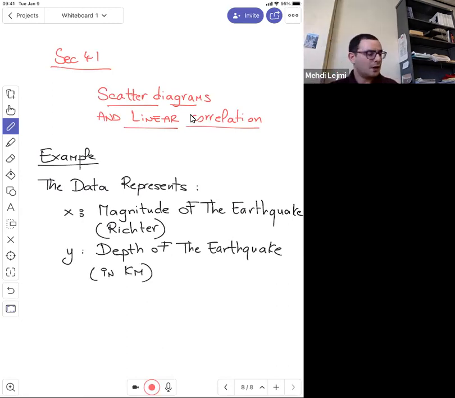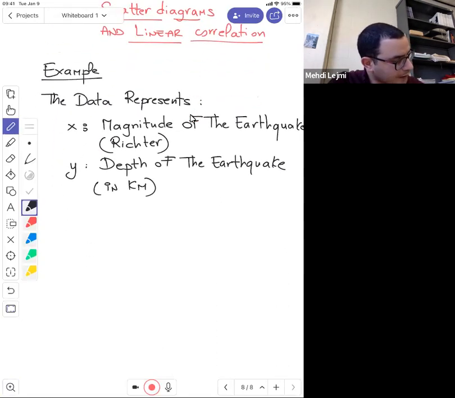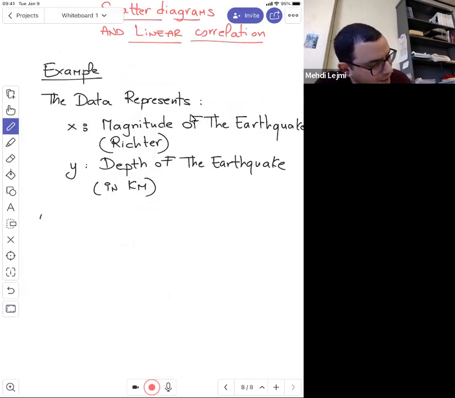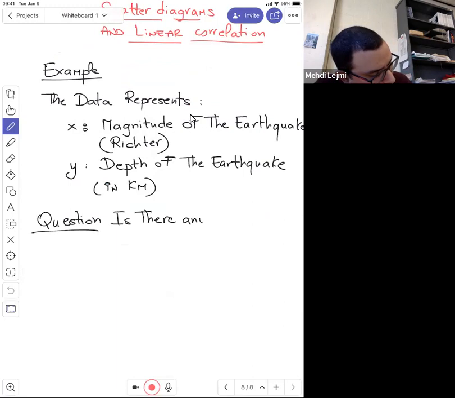Anyway, so the goal here is to see if there is any relationship or correlation or connection between the magnitude and the depth of the earthquake, right? That's the goal. So the question is, is there any relationship or correlation?